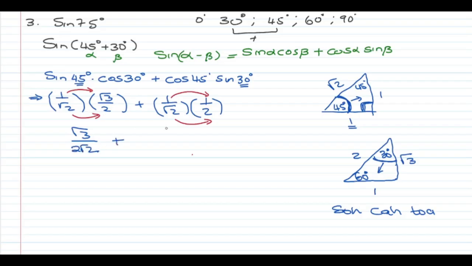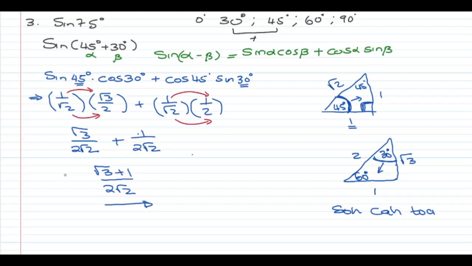We need to add these two. 1 times 1 is 1 over 2 root 2. Look at this. The denominators are the same. We can add the numerators and divide by that 2 root 2. So you can leave your answer like this, or you can rationalize.